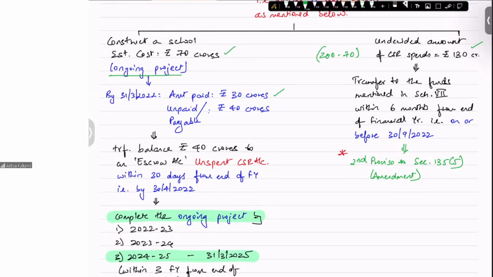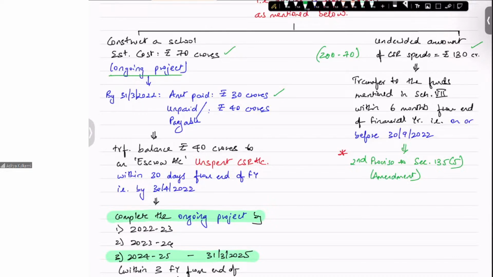Escrow accounts are very, very strict in their operation because these are accounts which are created pursuant to a particular statute. So the statute ensures that the money in these accounts is utilized only for the purposes for which they are opened.